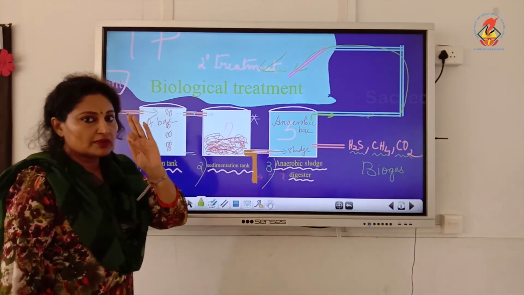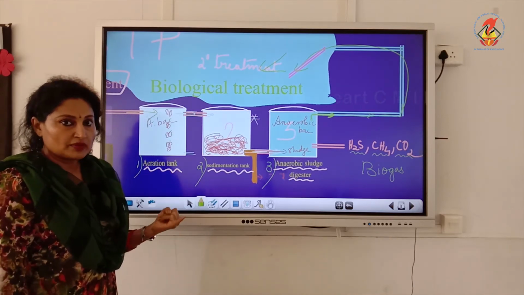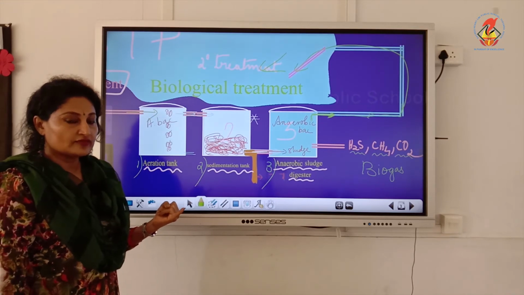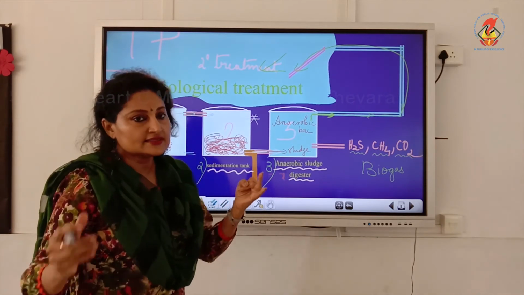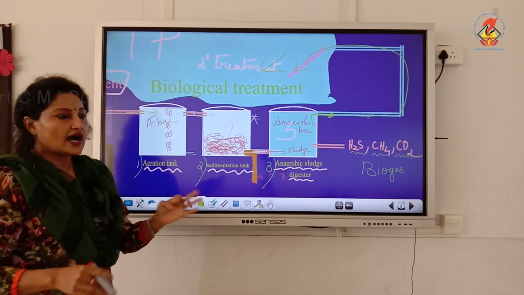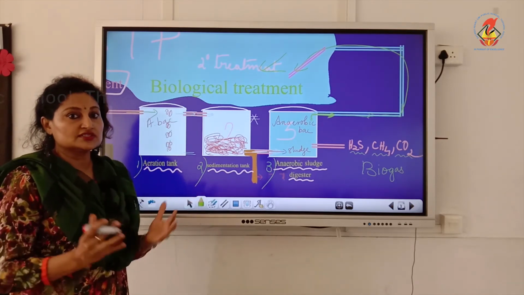As the name suggests, remember the 3 A's. In this tank, there is the aerobic bacteria, and the aerobic bacteria grows vigorously into flocs. The condition required for this growth is air. Air should be provided. So air is deliberately pumped, and not only that, there is constant mechanical agitation.